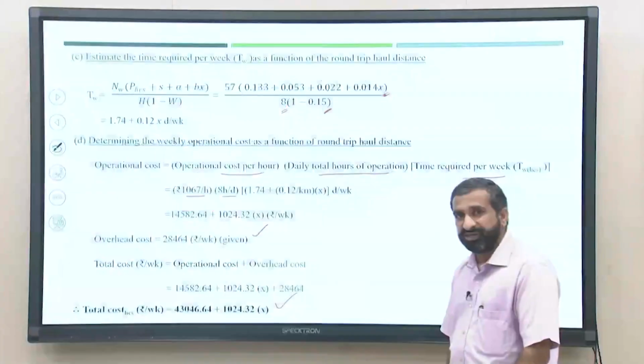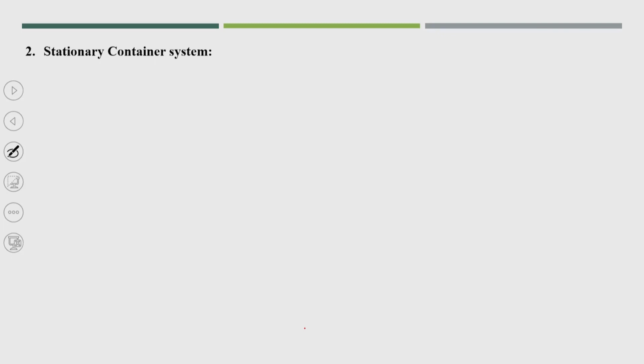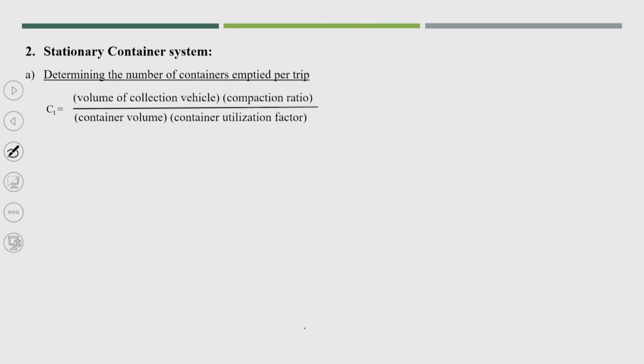Now we will go for the stationary container system. In a similar way, we will first calculate the TW value, the total time required per week, which will also be a function of round trip haul distance, and after that we will calculate the operation cost and finally the total cost. For the stationary container system, first we determine the number of containers emptied per trip, that is the CT value.